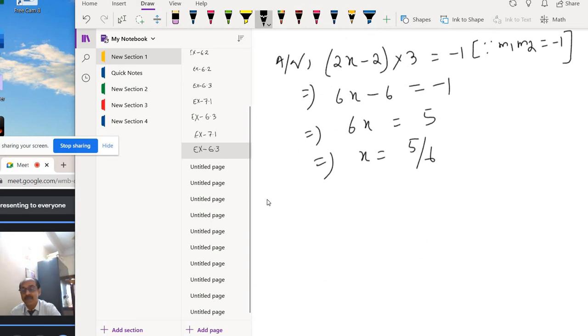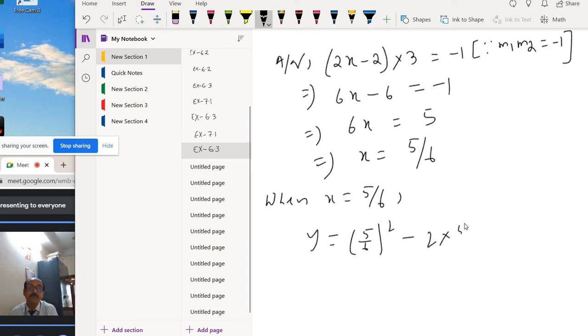Now find y when x equal to 5 by 6. Okay. Then y equal to, put in the given equation of the curve, x square means 5 by 6 whole square, minus 2x, 2 into 5 by 6, plus 7.